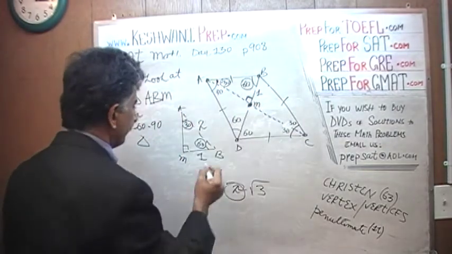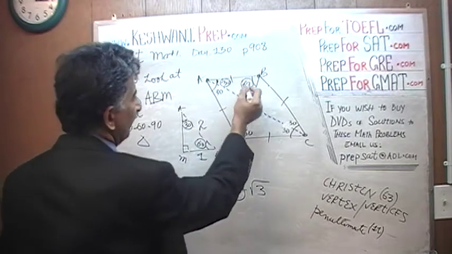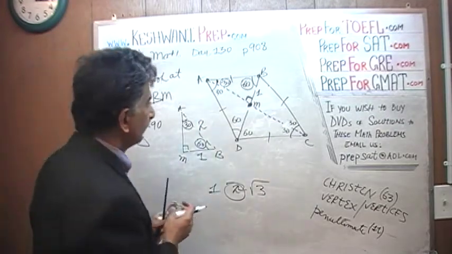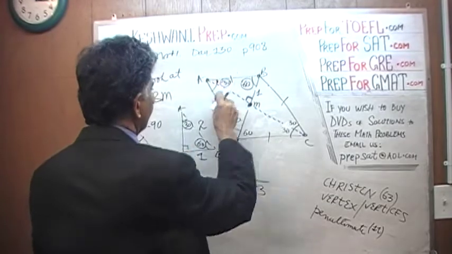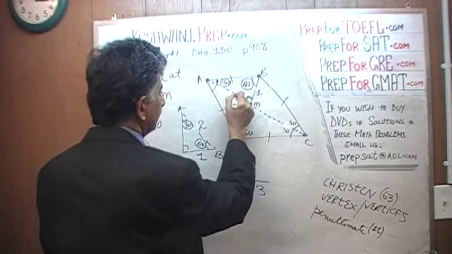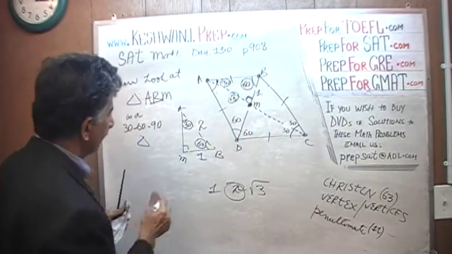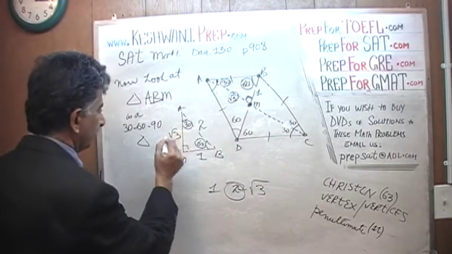A to M faces 60 degrees, so A to M is going to be root 3.